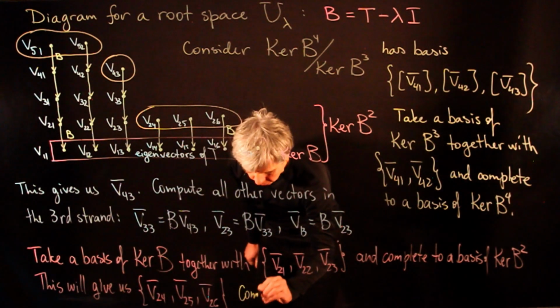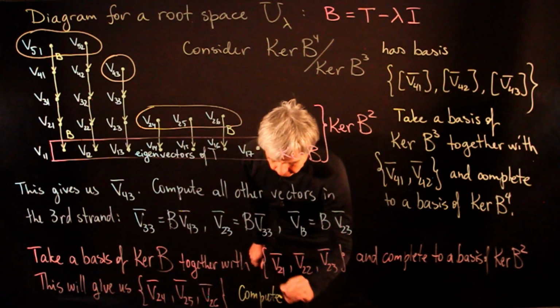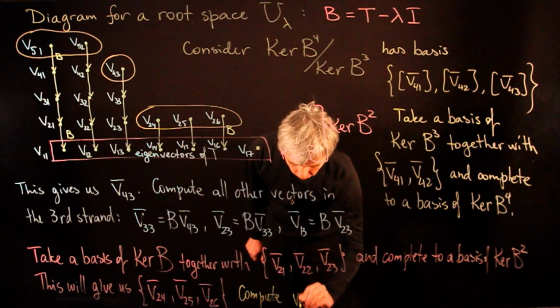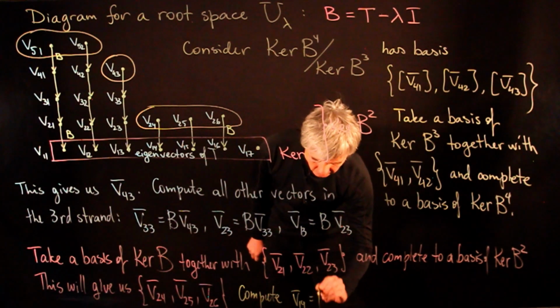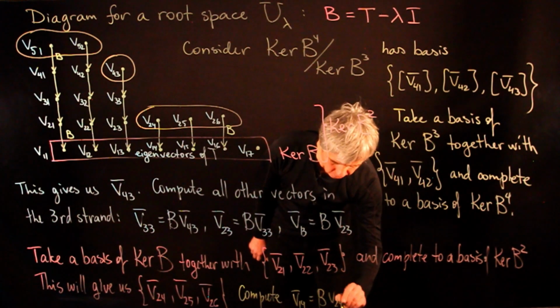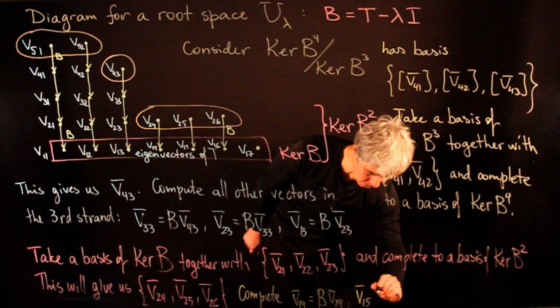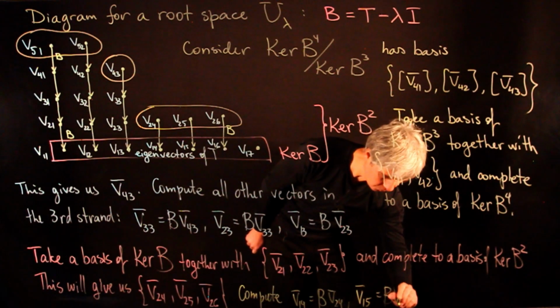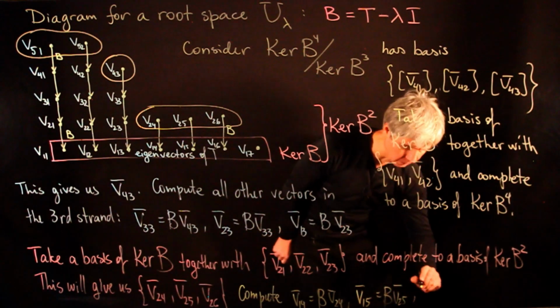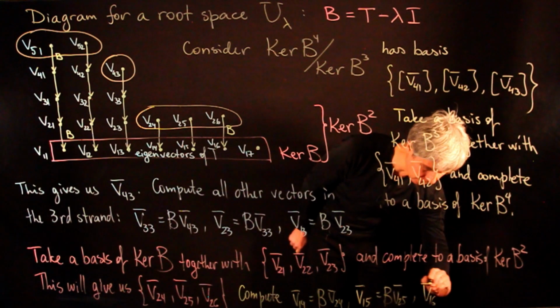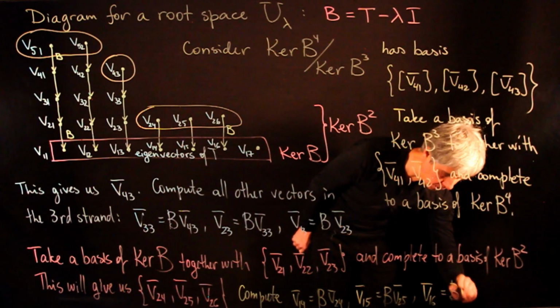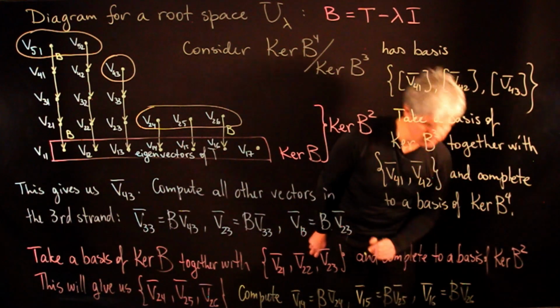Then we compute vectors: v14 has B applied to v24, v15 has B applied to v25, and v16 is B applied to v26.